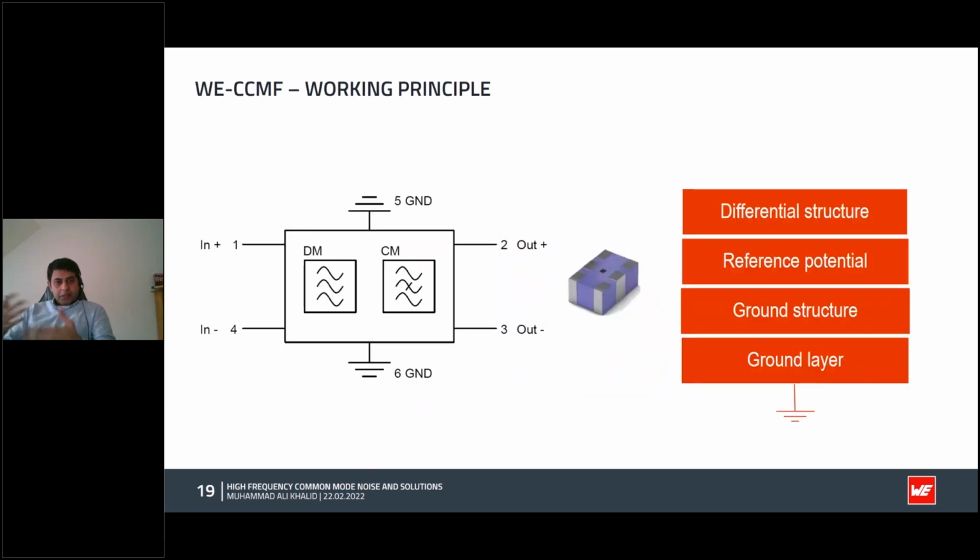Here is the inner structure or the block diagram of the filter, which explains the working principle. The filter is basically a combination of a low pass and a band stop filter, or we can say notch filter.